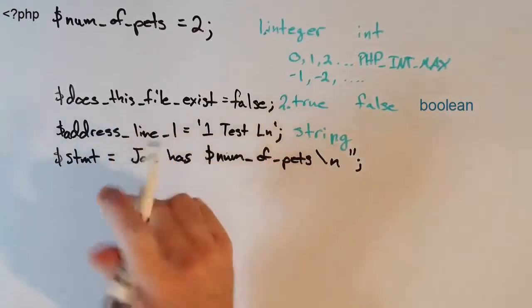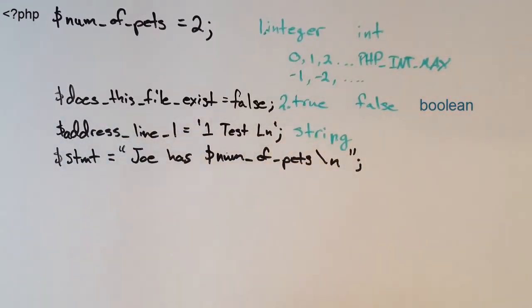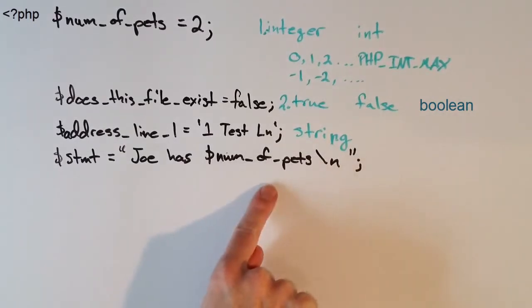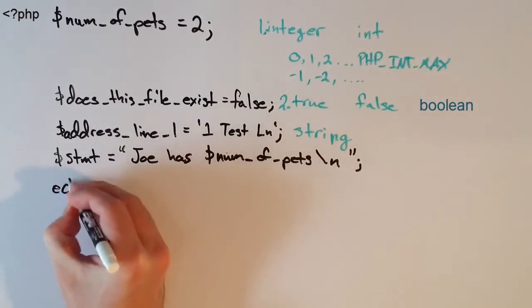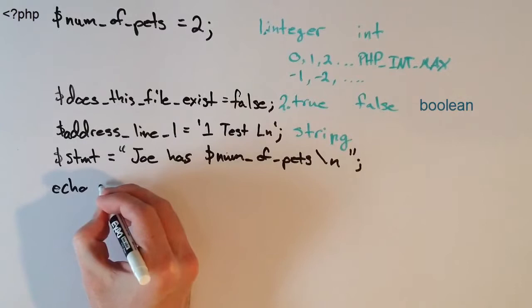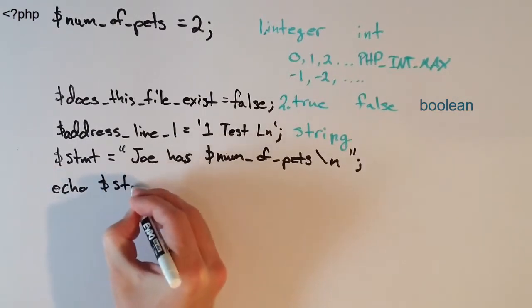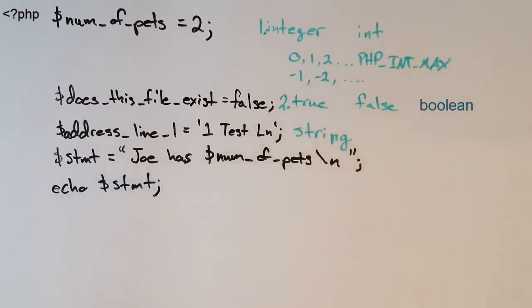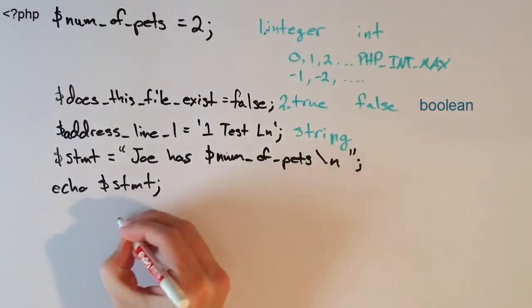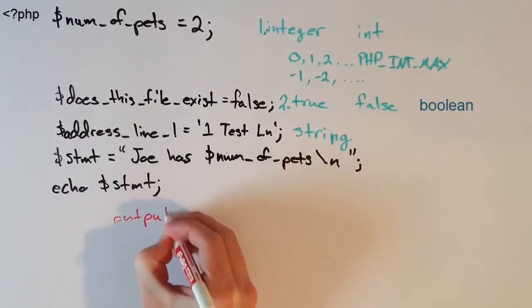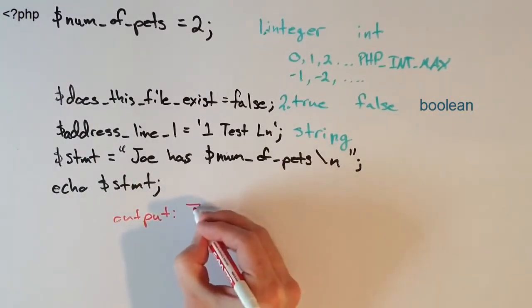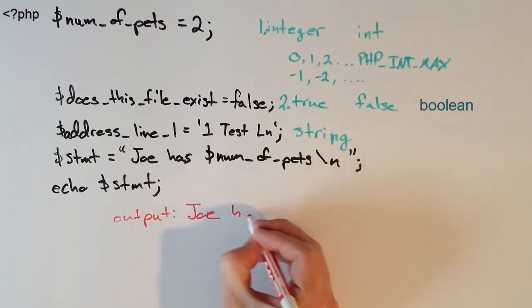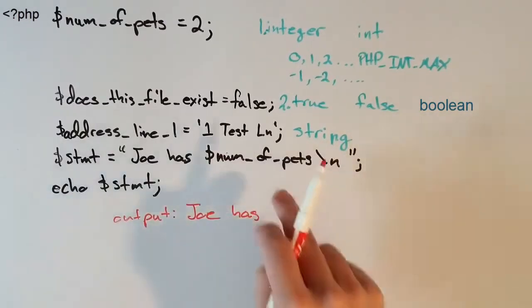Let me clarify this. So the quotation marks tell PHP that I'm not going to take the literal value of the string. What it will actually do when I echo out the statement as output, it'll take a look at the contents of that string and say, well, it'll go Joe has, and they'll see a number of pets and go, oh, that's a variable.